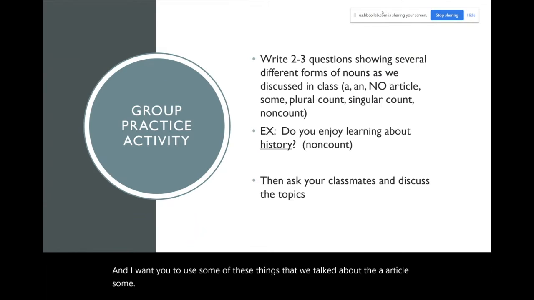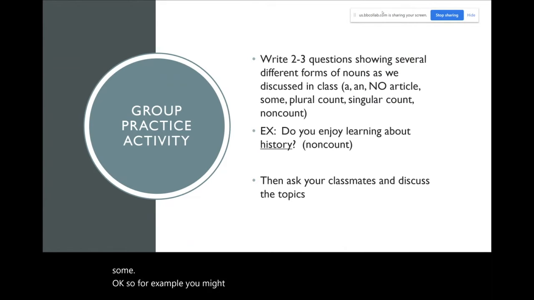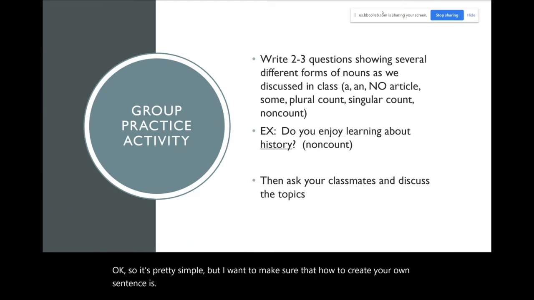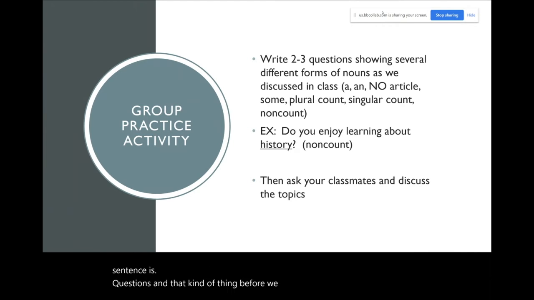Okay, so for example, you might choose jewelry, and you could say, do you have some jewelry on? Or are you wearing some jewelry? Or you can say, are you wearing jewelry? Okay, so it's pretty simple, but I want to make sure that you know how to create your own sentences, questions, and that kind of thing before we go to the next one. So page 293 has some examples of non-count nouns.